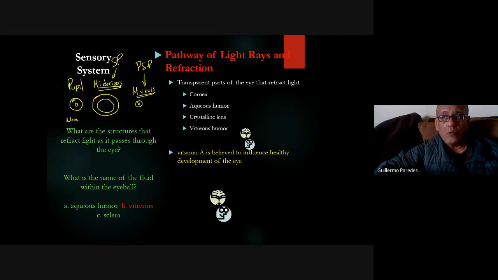Mydriasis is going to occur in cases of head trauma, when you have bleeding in the head. You have mydriasis when you're taking drugs like amphetamines, like cocaine, like marijuana.